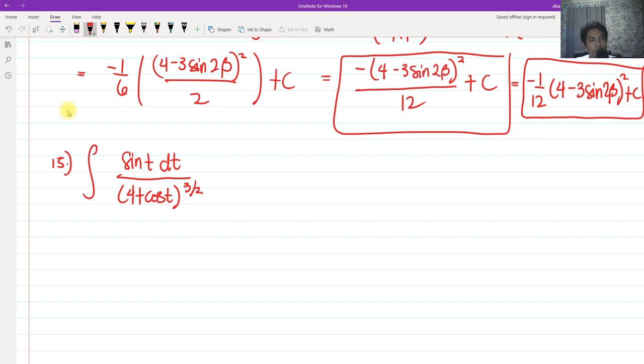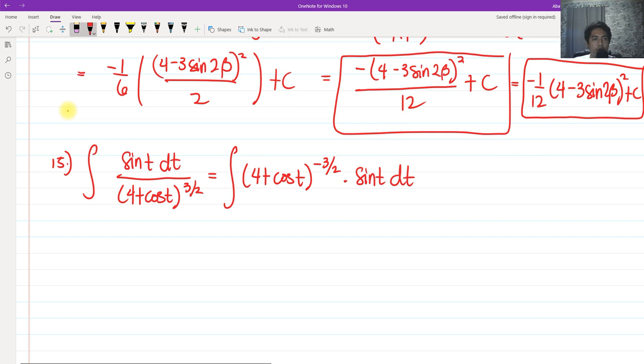So what I would like to do here is I could raise 4 plus cosine t to negative 3 halves, and that is multiplied by sine t dt. So if I'm going to let u, again, let u equal 4 plus cosine t, without the exponent.